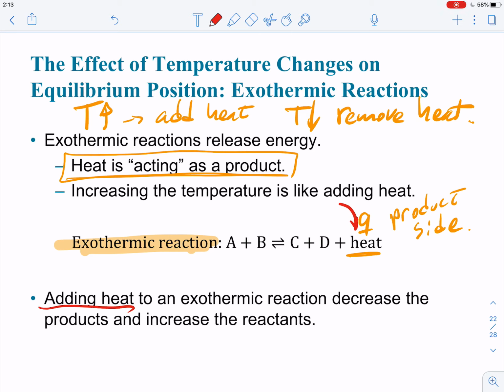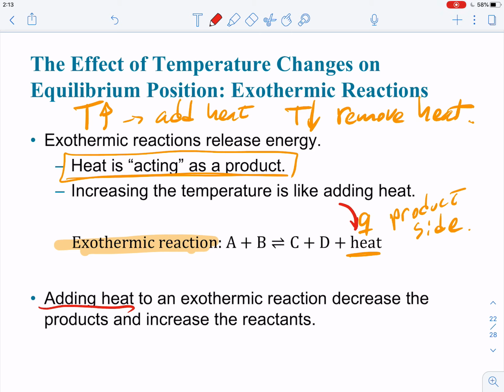Okay? So, you haven't added any of the reactants, you haven't added any of the products. So there is something important here, okay? Because you are increasing the temperature, you are not changing the amount of matter that you have in that reaction, but the concentrations will change. So in this particular case, for an exothermic reaction, if you add heat, you are decreasing the concentration of products, and you are increasing the concentration of reactants.